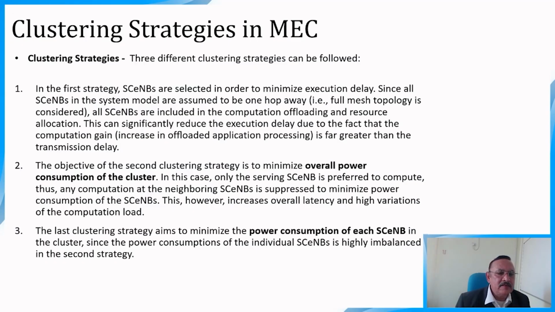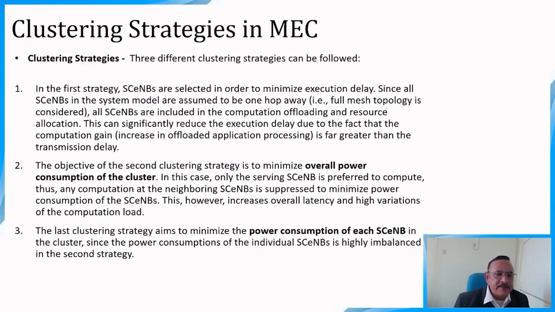In the first strategy, SCENBs are selected in order to minimize the execution delay, since all the SCENBs in the system model are assumed to be one hop away. So, all the SCENBs are included in the computation offloading and resource allocation. This can significantly reduce the execution delay due to the fact that the computation gain is far greater than the transmission delay.